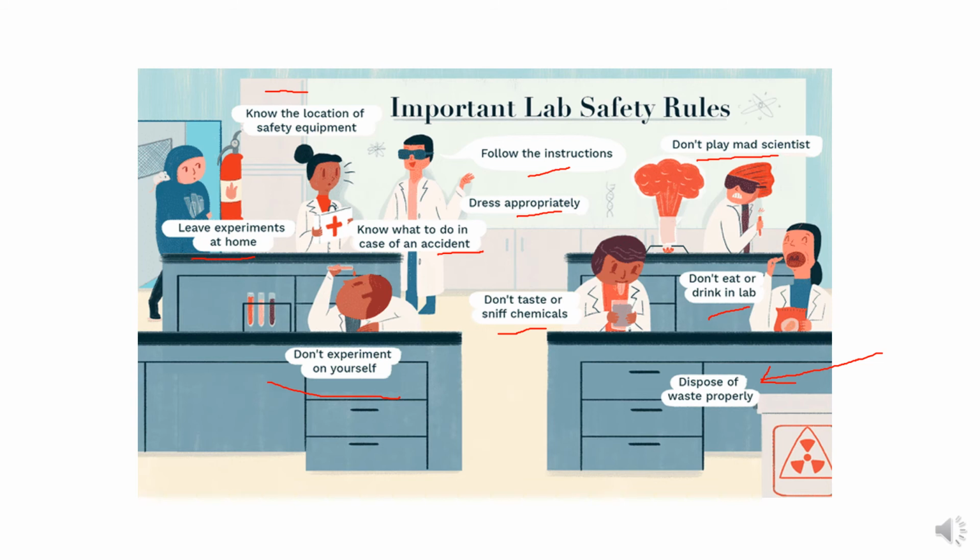If you are using tips, all these different disposals have different bins. Finally, dispose of your lab waste properly. Each lab has proper waste bins according to the nature of the waste.